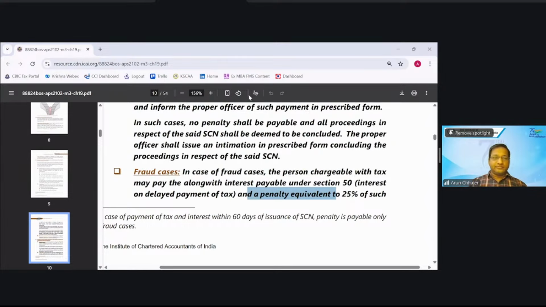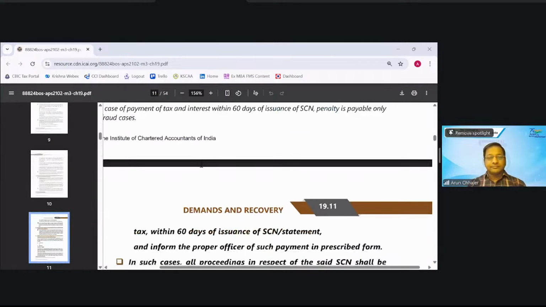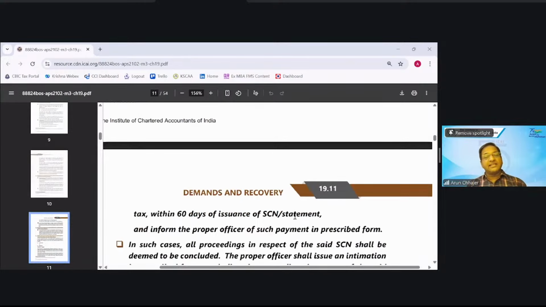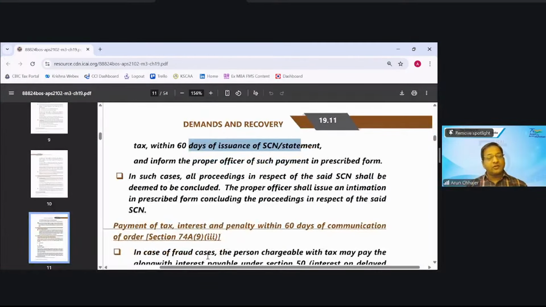Of tax, ठीक है. Again within 60 days from the SCN or statement and inform the officer. In such case, all the proceedings in respect of the said SCN shall be deemed to be concluded. The officer shall issue an intimation in the prescribed form concluding the proceeding in respect of the said SCN.